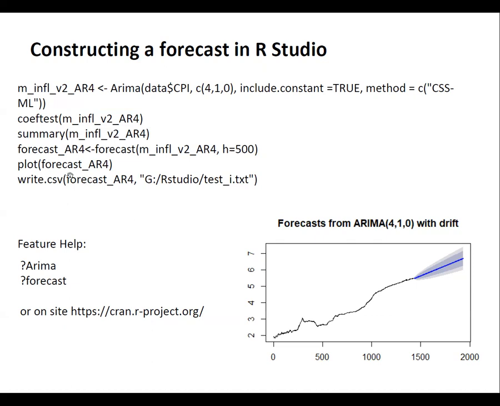Plot forecast is to plot our forecast variable on the chart. Here it gives us such a graph. And to write the numerical values of this forecast to a file, if we need it, there is write.csv. You specify what exactly we write down and where we write it down, and here the path must be registered.